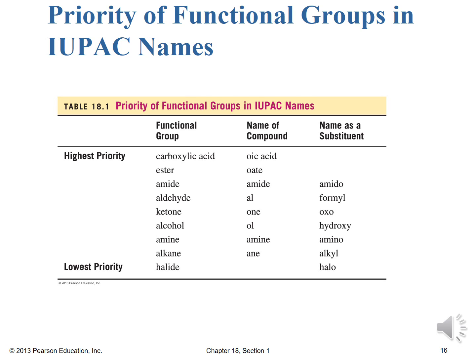Then finally, an alkane, as we know, ends in ane if it's the compound, but alkyl group is how it's named as a substituent, so methyl group, ethyl group, and so on. Finally, if you have a halide, that's named as a halo group. There we have it, our priority of functional groups in IUPAC nomenclature.